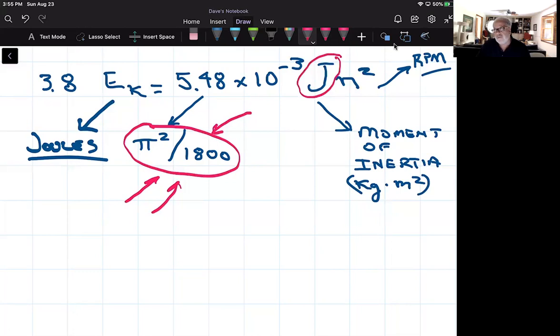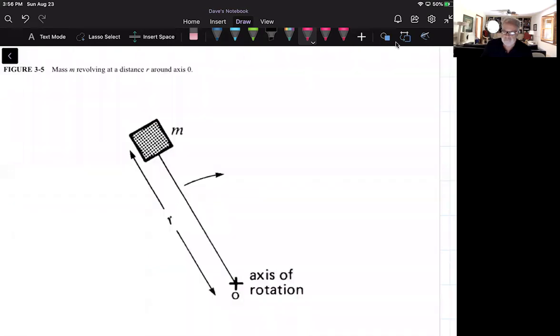Remember, our equation for linear motion was in meters per second. So we're going back and forth between some things, but all of this is equation based, and that's what we want to work on.